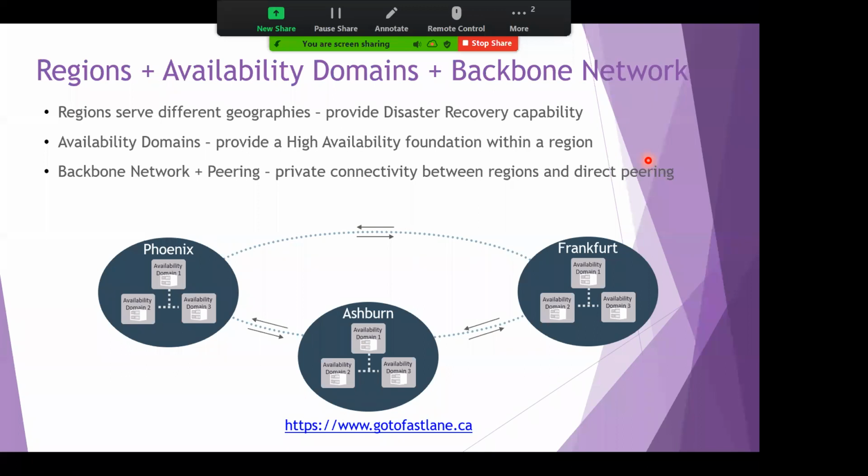So just understand an availability domain as a data center. Each region typically has 3 availability domains, which are 3 distinct and separate data centers connected to each other via a secured network, a secured and high performing network which has low latency, okay?